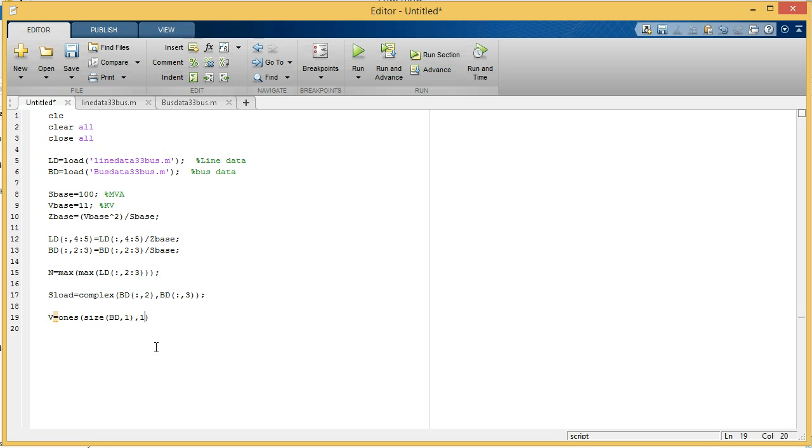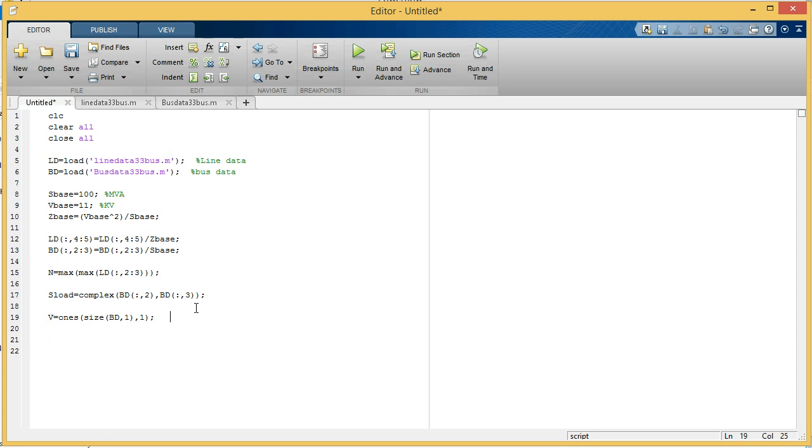And we need to write one here as well. Or you could just simply say ones for number of n. Instead of writing size BD, you could write n simply. That wouldn't make a difference.